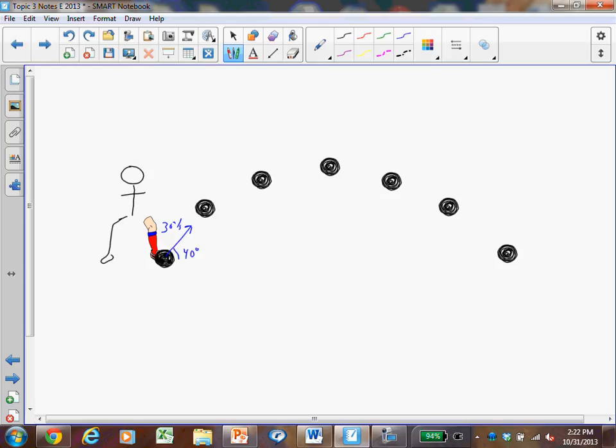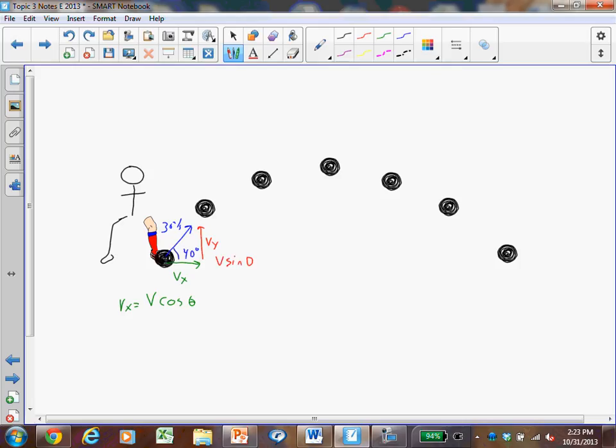So it has a horizontal component, Vx, and it has a y component, Vy, when it starts out, doesn't it? And we can find Vx from V cosine theta, and we can find Vy from V sine theta.